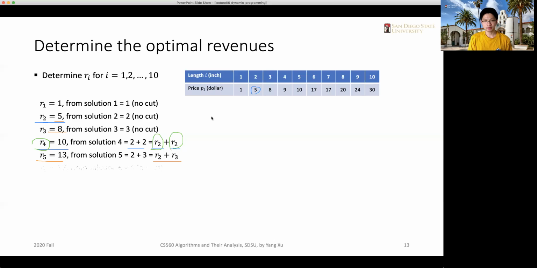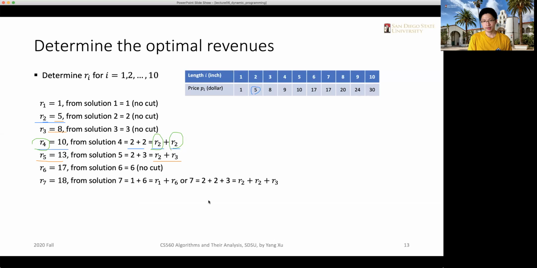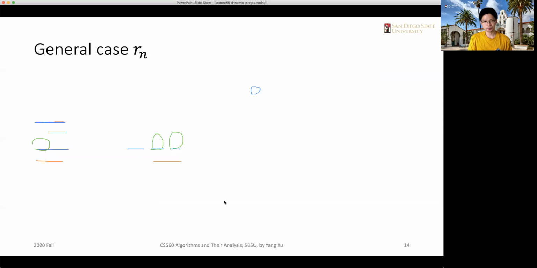And that is not necessarily the case because, for example, in R6, we found that R6 doesn't need to be decomposed at all, because R6 itself is an optimal solution. No cut is a solution. And we can do further splits for larger problems, but I'm not going to enumerate all the solutions here.